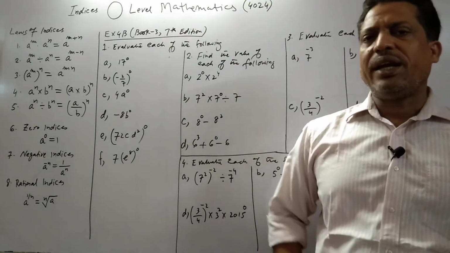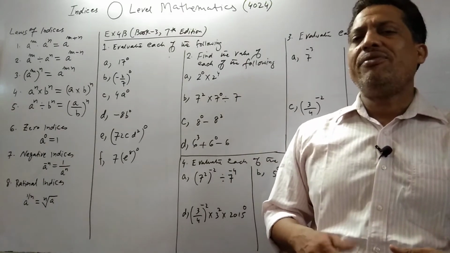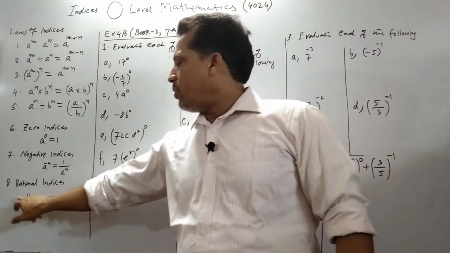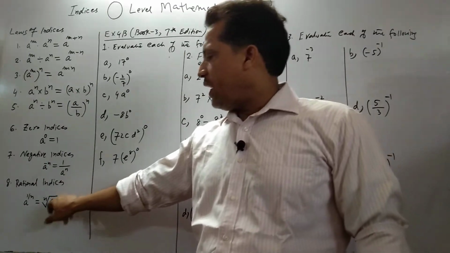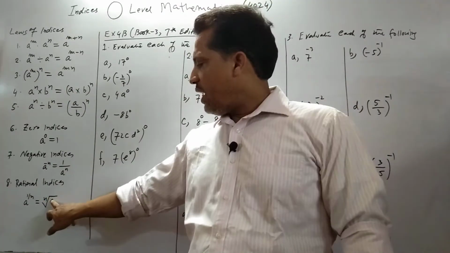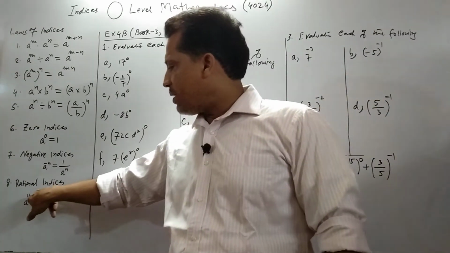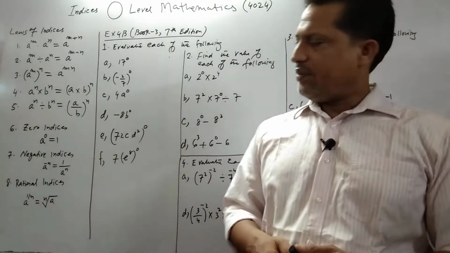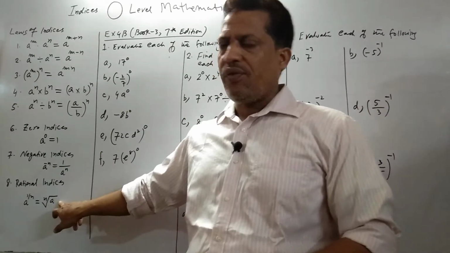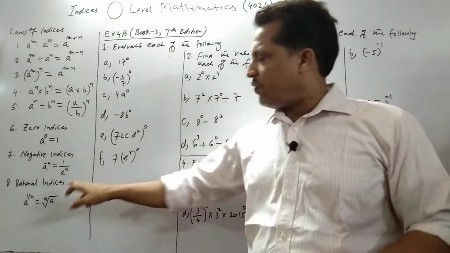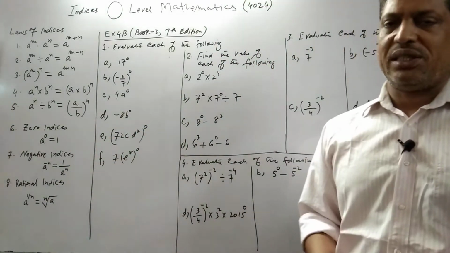Rational means powers which are in fractions. a power 1 upon n is equal to the root of a, where a is under the root and this n becomes the radical. How to use this, we will see when we do questions of this type. You will understand more.